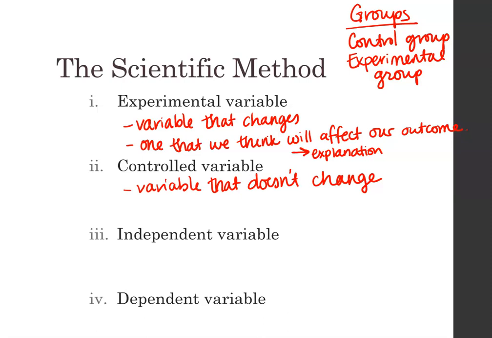As far as measuring our data, we actually often refer to this experimental variable as the independent variable. So if we're going to call it the independent variable, it is still the variable that changes.